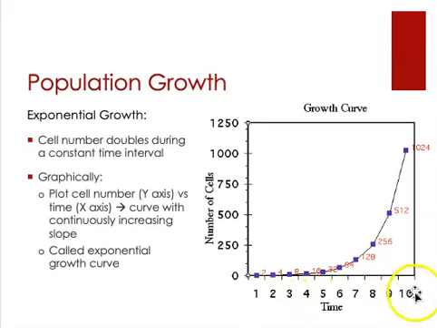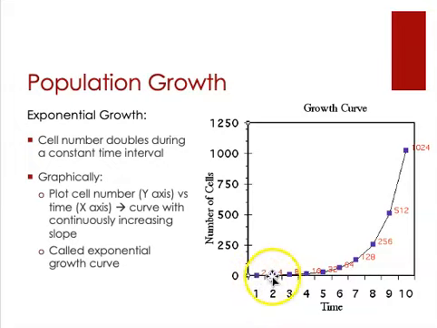When we plot our x and y variables, time and number of cells, we see this curve. So we've drawn in on the curve the number of cells that correspond to each one of the purple-blue data points. We started off with one cell, let's say.